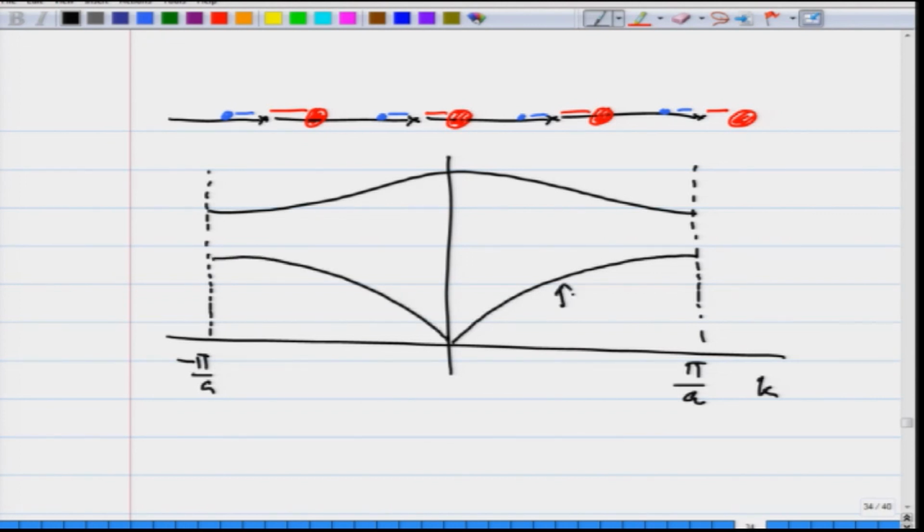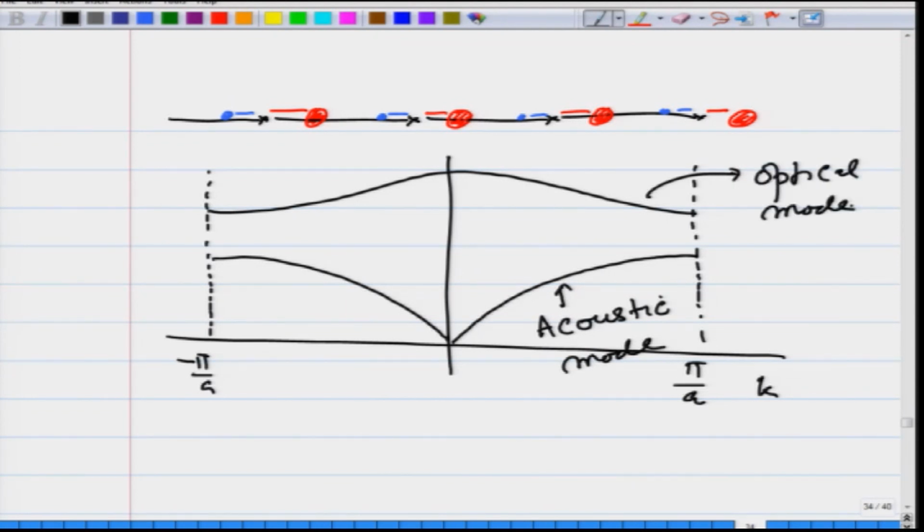This is known as the acoustic mode, and the upper one as the optical mode. At k equals 0, the value of omega for the optical mode is 2 c over mu, and for the acoustic mode this is 0.